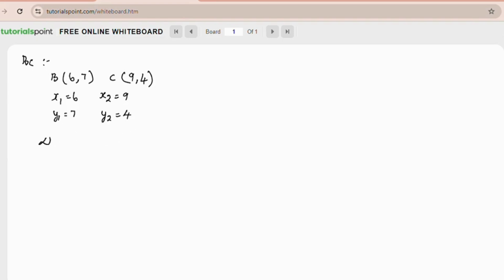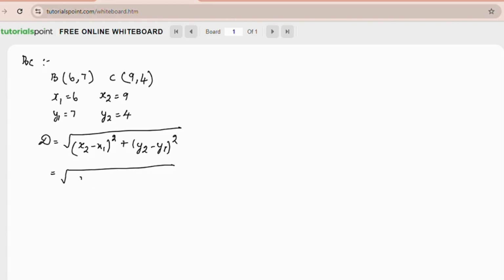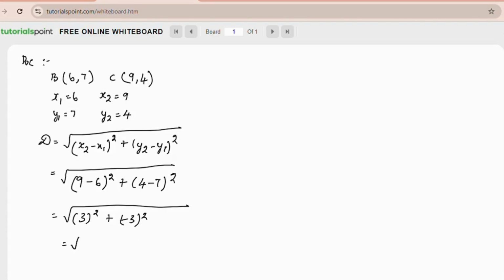Distance formula again, D equals root of x2 minus x1 square plus y2 minus y1 square, which is root of 9 minus 6 square plus 4 minus 7 square, which is root of 3 square plus minus 3 square, which is root of 9 plus 9 equals root of 18. So BC equals root of 18.